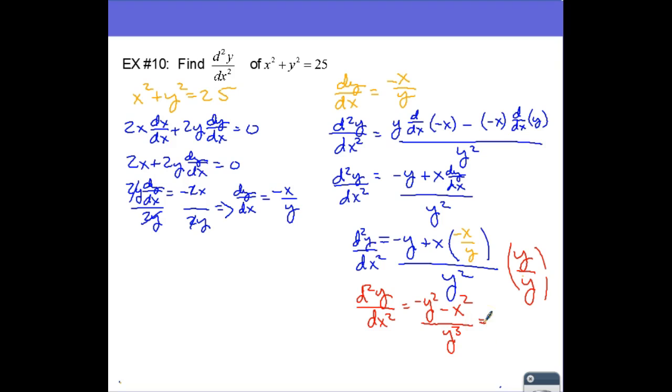Let's factor out the negative, and we have negative (x squared plus y squared) over y cubed. And that's my second derivative.